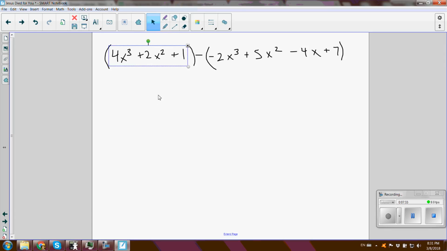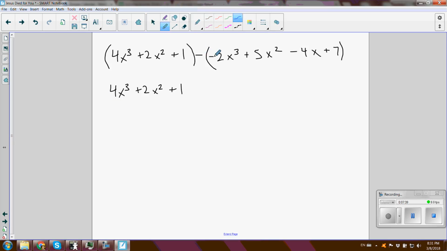So what we really have here is 4x cubed plus 2x plus 1. Nothing happens to that. Minus this negative 2x cubed becomes plus 2x cubed, and then minus 5x squared, minus the negative 4x is actually plus 4x, and minus the 7. Now we look at 4x cubed plus 2x cubed.